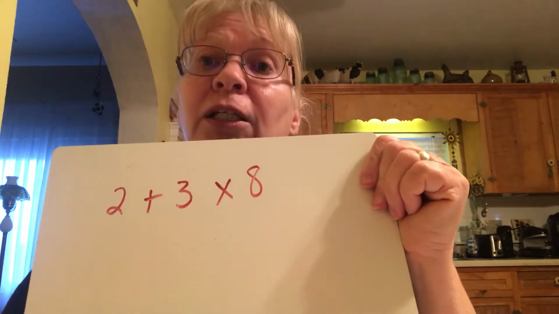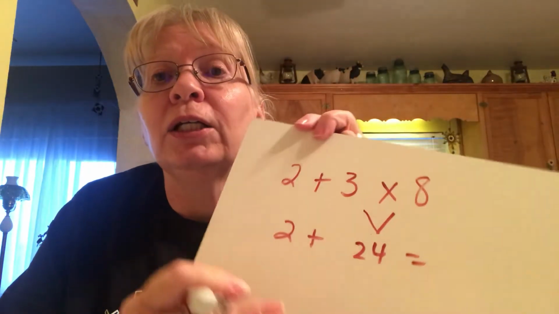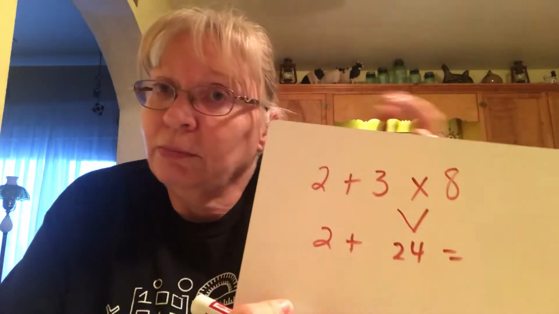And 3 times 8 is 24. So, I'm going to put 24 where that was, and I'm going to bring the 2 down. So then 2 plus 24, 26. Pretty easy, huh? Okay. All right, let's look at another one.